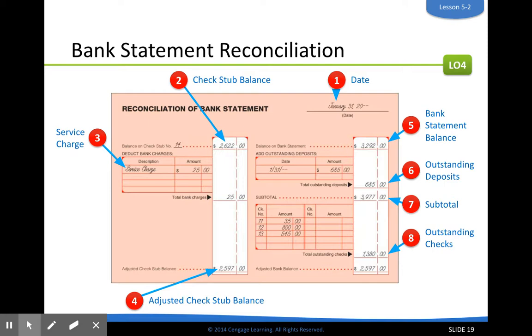We've written check 11, 12, and 13, and whoever we wrote those checks to has not gone to the bank yet. So they would be considered outstanding. Then we are left with our adjusted bank balance. You'll notice that step 4 and step 9, those two totals equal, and that is the whole idea of the bank statement reconciliation, that we find those two numbers and they equal.